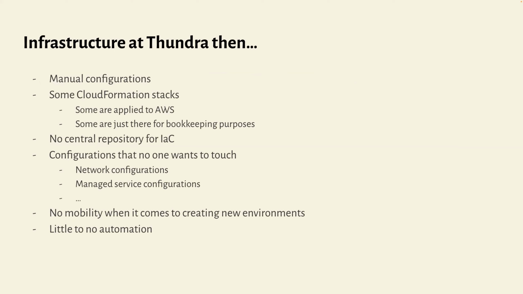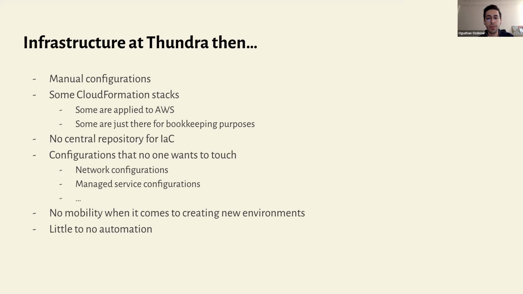Before we made the transition to AWS CDK or IAC in general, at Tundra, we were in a substandard situation where parts of our infrastructure were done manually, and this was a problem at Tundra. We were not agile.